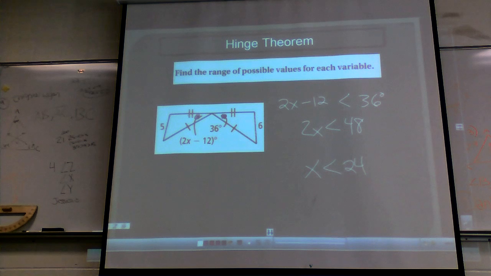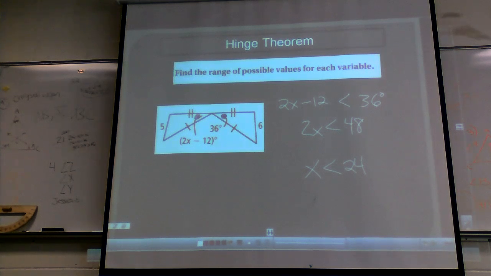But think about this for a second. If I just say x is less than 24, it counts for negative values also, correct? Right? Like negative 3 is less than 24, negative 20 is less than 24.